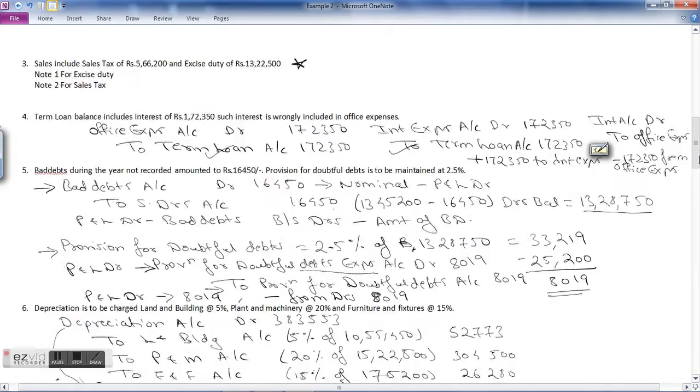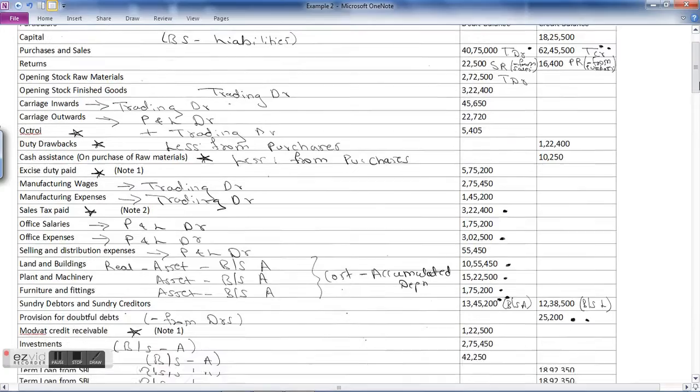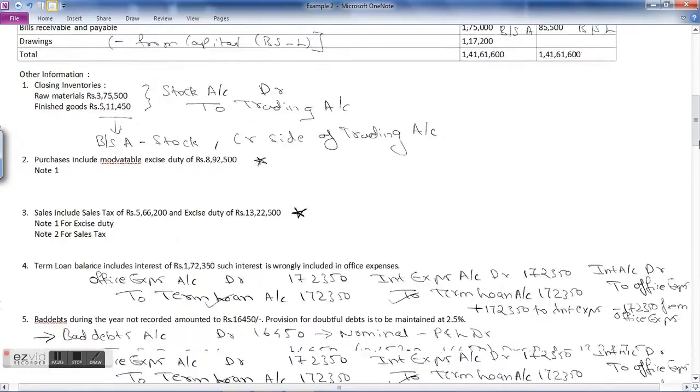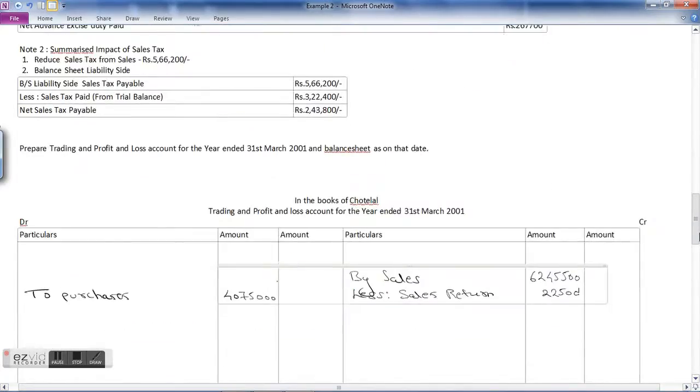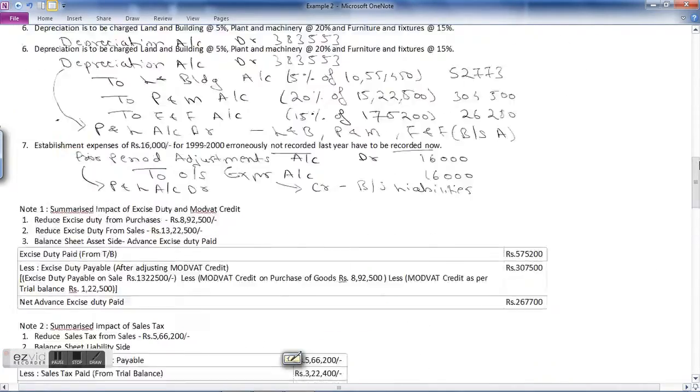Then purchase return 16,400, so reduce it from purchases. Less 16,400.